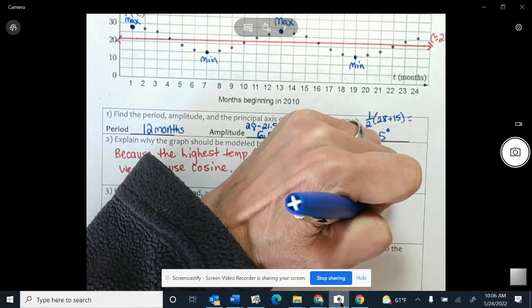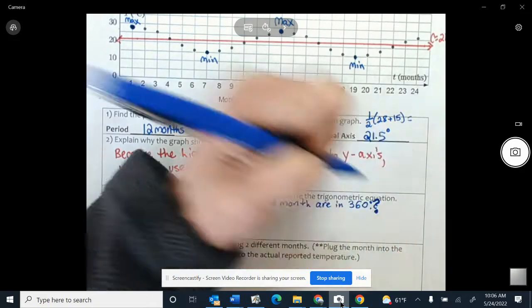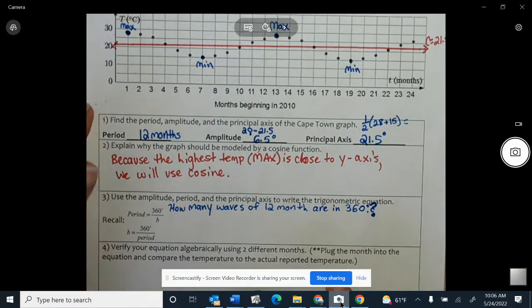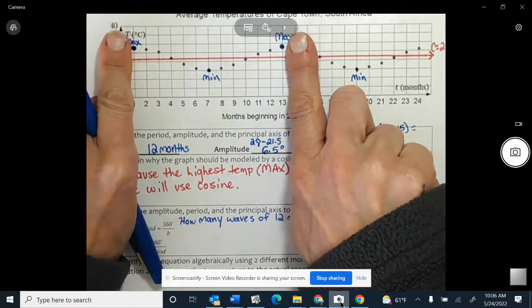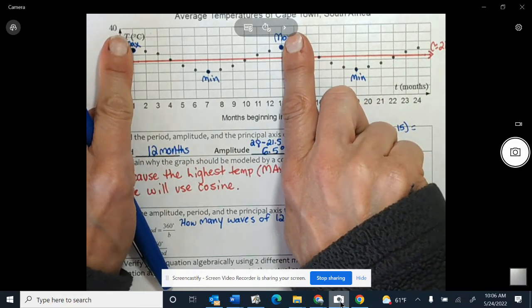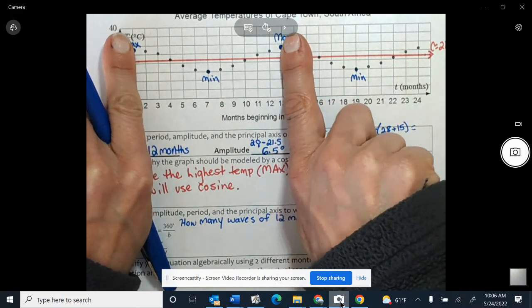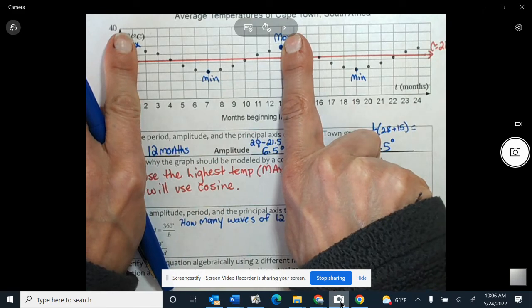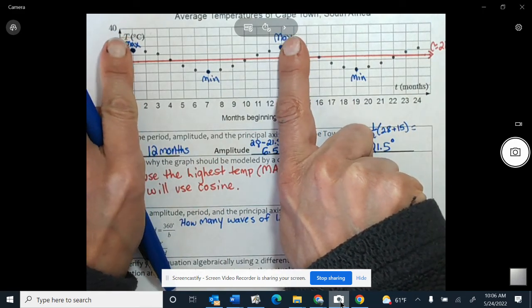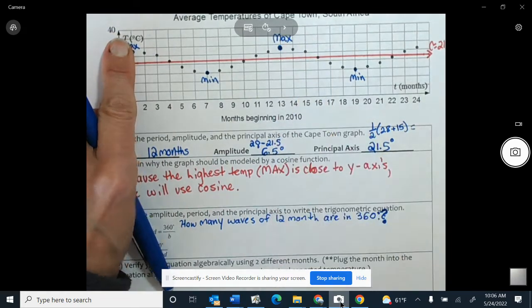That is the big question we need to answer. So if we think about one wave in 12 months, convert that to 360. Okay, how many of those waves would it take?